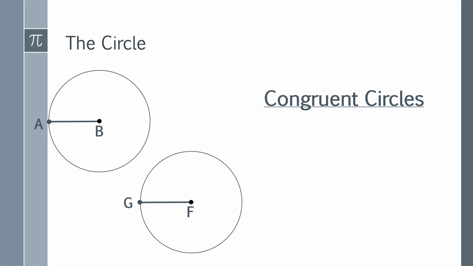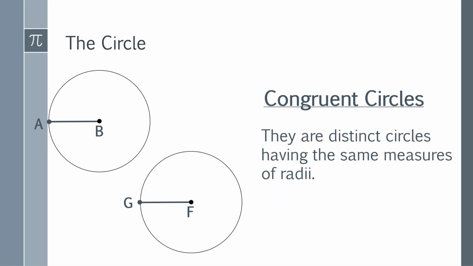So when you say congruent circles, they are distinct circles having the same measures of radii. So meaning to say that if the measure of AB is equal to FG, or the line segment FG, therefore these two circles are congruent to each other.